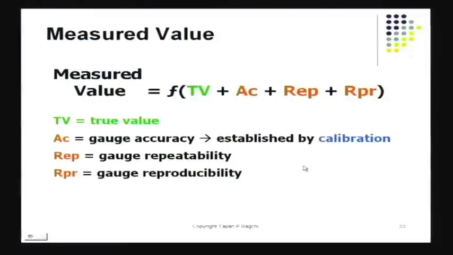If you look at the measured data, that measured data consists of the true value, the inaccuracy which is really fixed by calibration, and then repeatability and reproducibility. These are the different factors that impact the measured value.